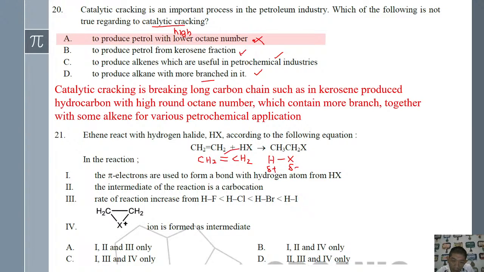So C double bond C attacks the partial positive hydrogen so that you form a carbocation. So this is the first step of the reaction. Then only then you attack the negative to the positive. So you form CH3CH2X.